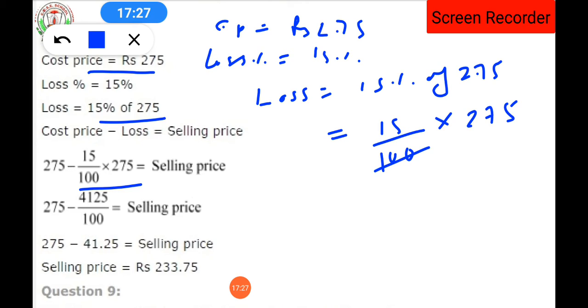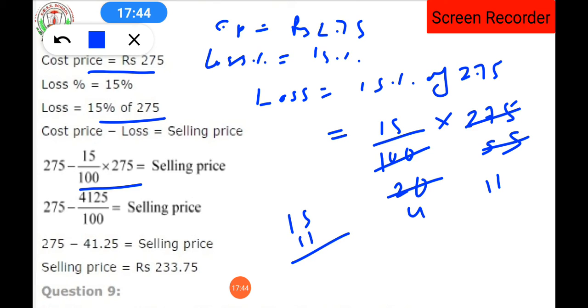So again cancel it, by which table are you going to cancel? By the table of 5, isn't it? So 55. Again here it will be 4 times, here it will be 11 times. Now 15 into 11. So 15 into 11, so here 5 1, again 5 1, so 165 upon 11.